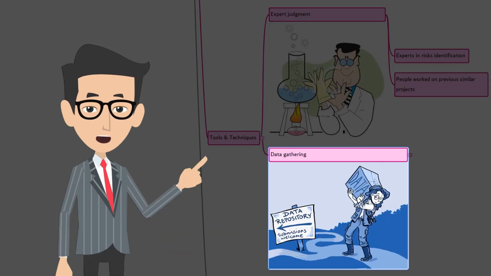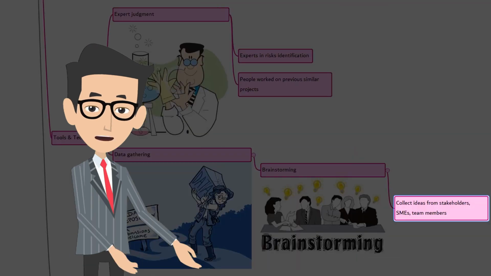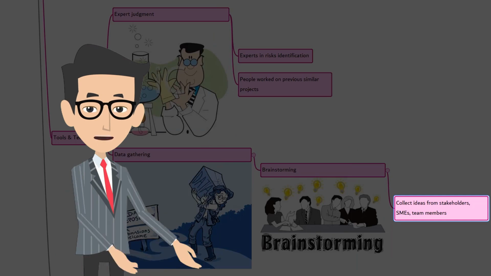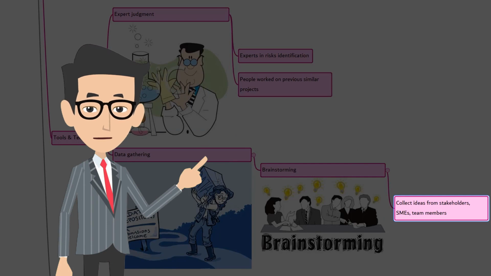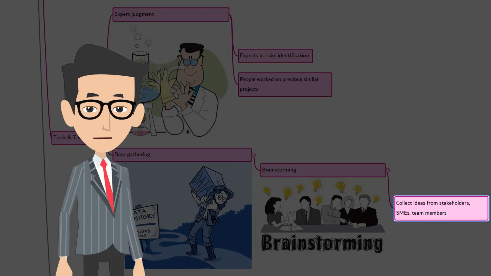Data gathering. There are 3 in it. First, brainstorming. To identify a risk, brainstorming can be used to get creative ideas from the team members, subject matter experts, and stakeholders. Here, the goal is to obtain a comprehensive list of individual project risks and sources of overall project risk.